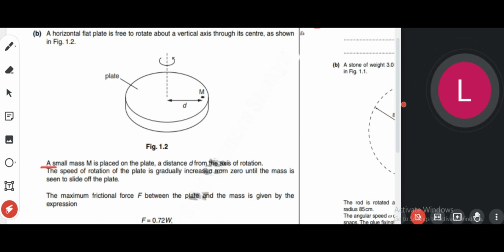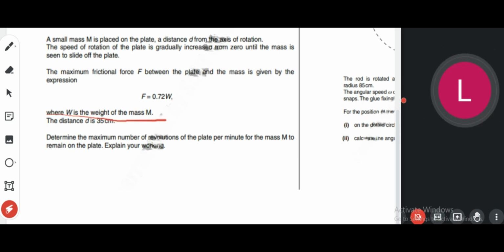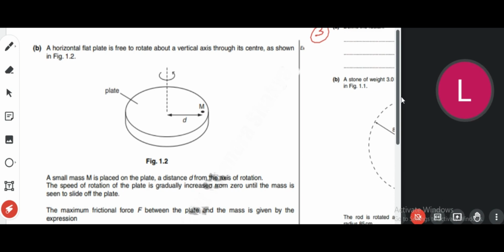A small mass m is placed at a distance d from the center. The speed of rotation of the plate is gradually increased from 0 until the mass is seen to slide off the plate. The maximum frictional force between the plate and the mass is given by F equals 0.72 W, where W is the weight of the mass m. The distance d is 35 centimeters. Determine the maximum number of revolutions of the plate per minute for the mass to remain on the plate. Explain your workings. Alright, that's another practice question.